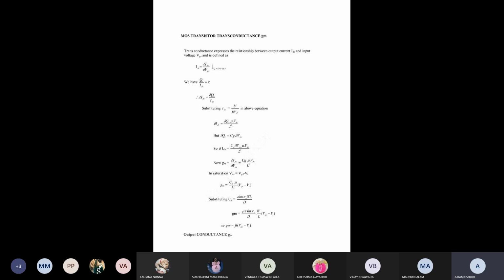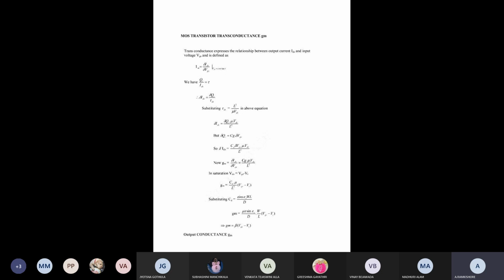So finally we get the MOS transistor transconductance equation: GM is equal to epsilon naught W by L into D into VGS minus VT into mu. When we have to calculate that, we consider the insulating relative permittivity, epsilon naught, and the different width, length and diffusion.